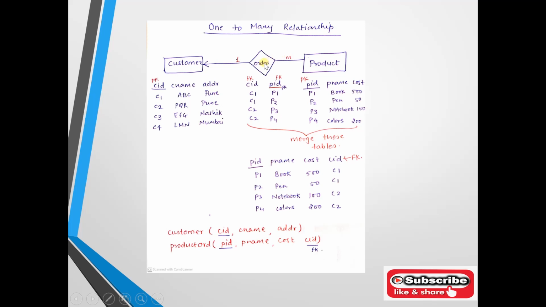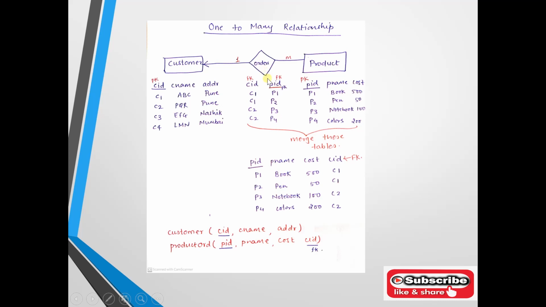So when we convert these orders into table, by default it will have two attributes. One, CID, which is nothing but the primary key of customer, and another is PID, which is primary key of product. So when we refer CID and PID of customer and product respectively, these keys will act as a foreign key. Okay, so CID, PID, these two attributes will be there for orders table.